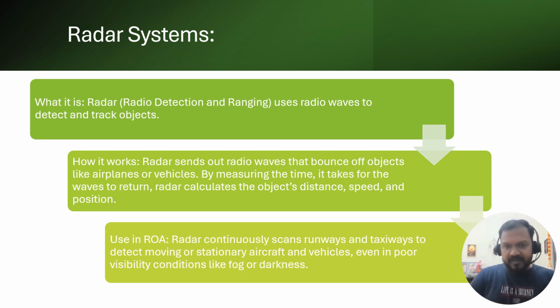The radar continuously scans the runways and taxiways to detect the movement of vehicles and, in poor visibility conditions, any other obstacles on the runway or taxiway. This is the major purpose we use it for here.